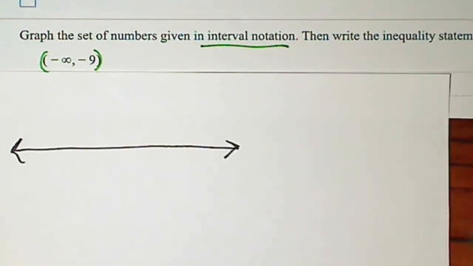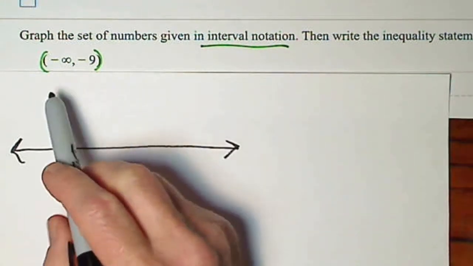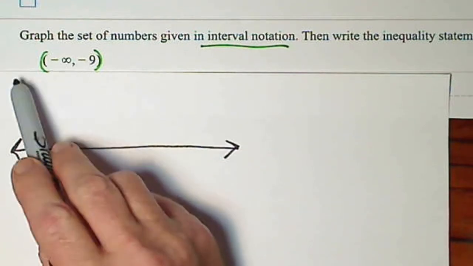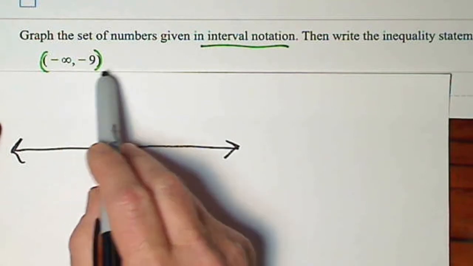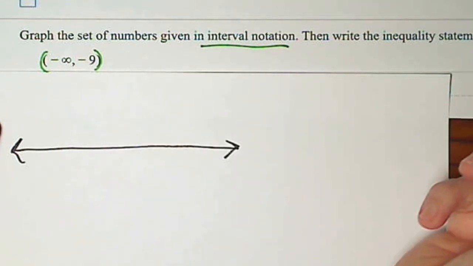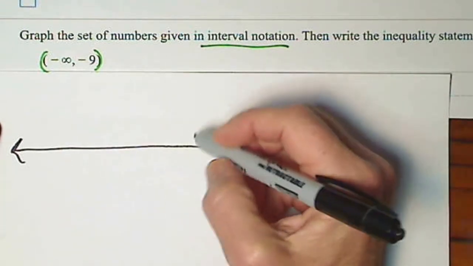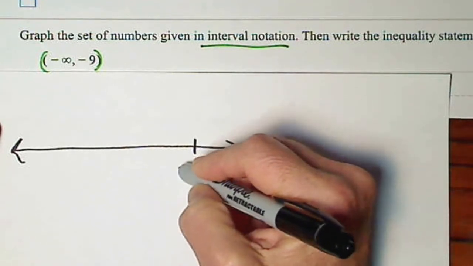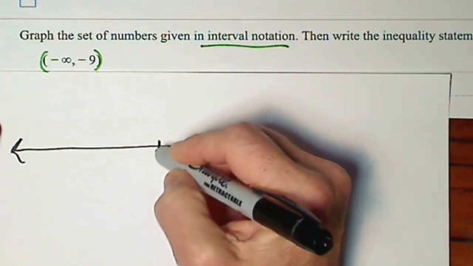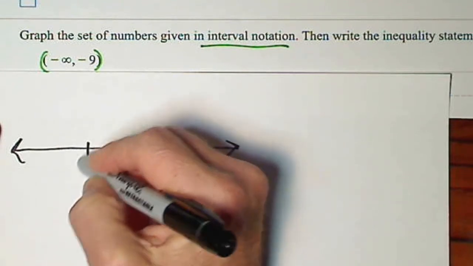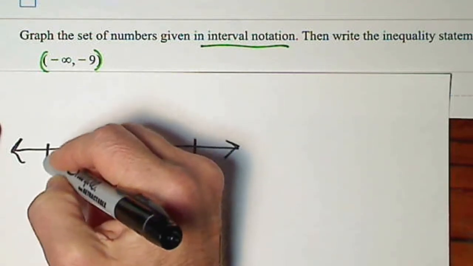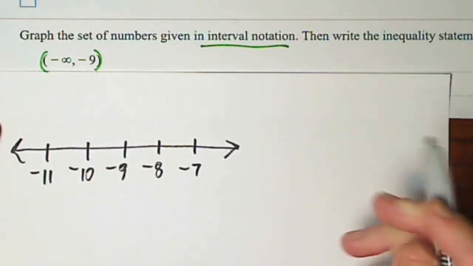Slide this over a little. And we're going to have values all the way out to negative infinity and coming up towards a negative 9, but nothing greater than a negative 9. So we'll say negative 7, and so forth.